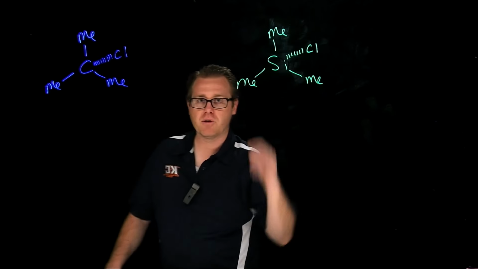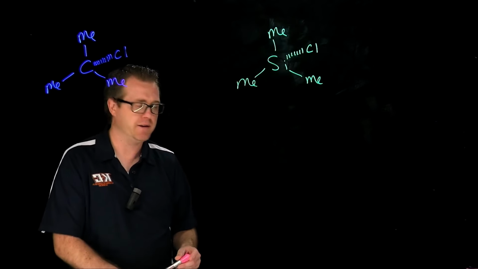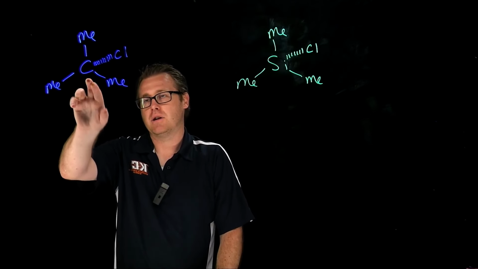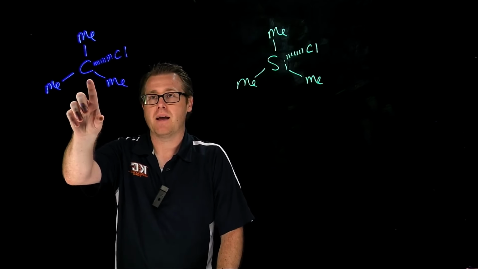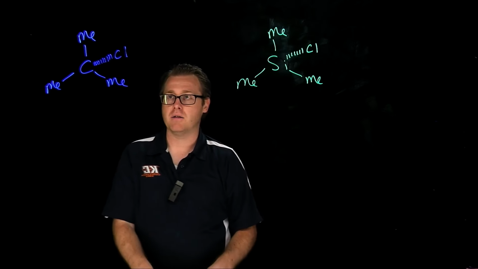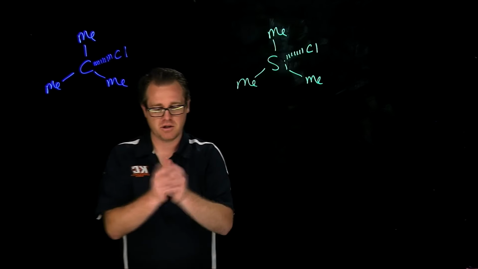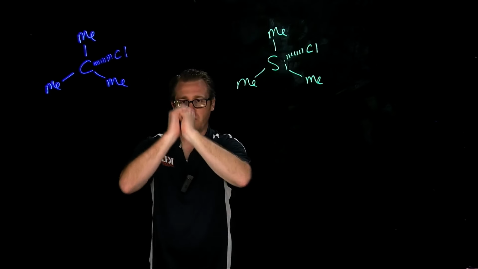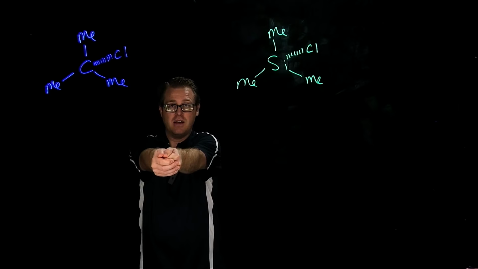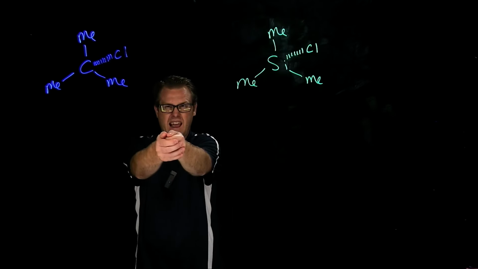If you grab your model kit, you can see this a little bit better. I highly recommend it. What we have here is our tertiary alkyl halide. When you build your model of this, I want you to grab just the chlorine atom. Hold that chlorine atom and point it out, and then you're going to see the three methyl groups all pointing out at you.